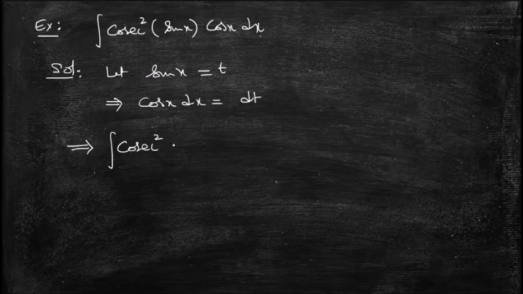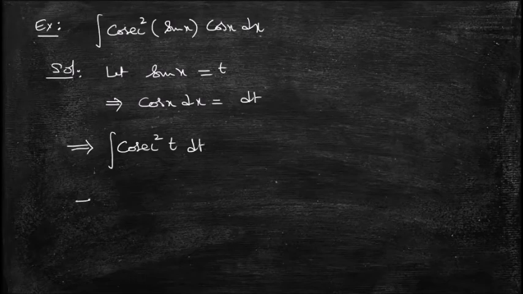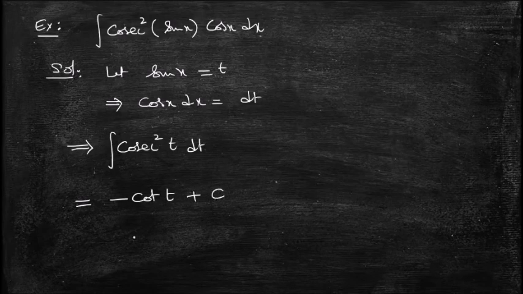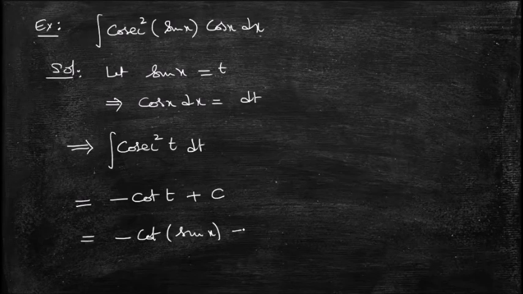Cosecant square t, and cos x dx is dt, so dt directly. What is integration of cosecant square t? Minus cot t plus c. Minus cot t, t is sin x, plus c.